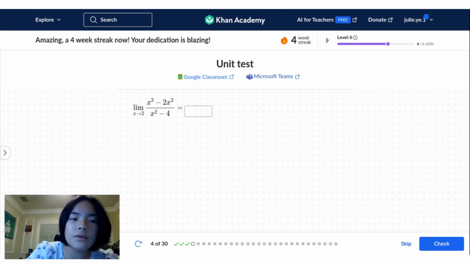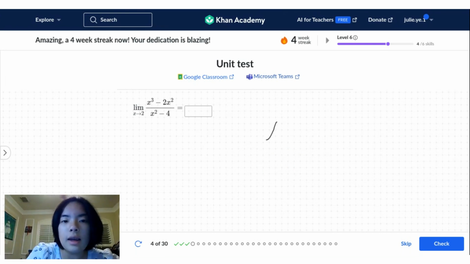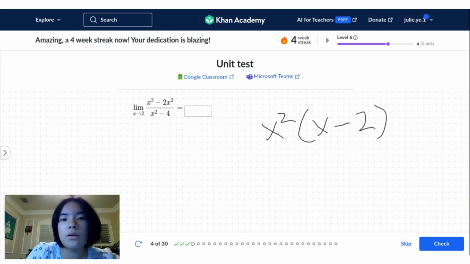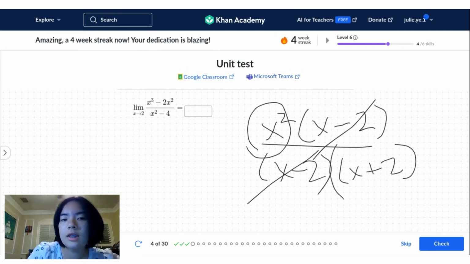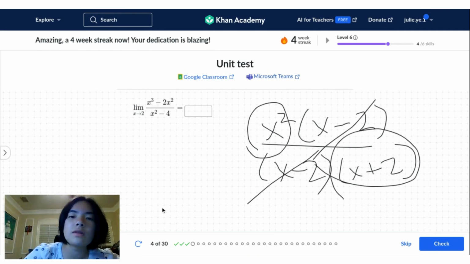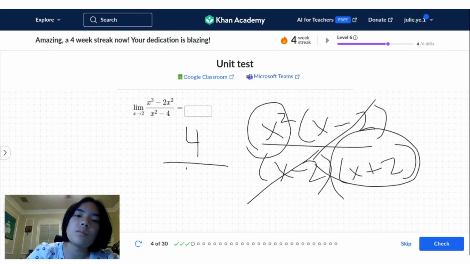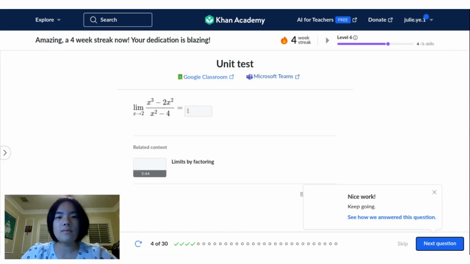So x squared minus 4 over (x minus 2)(x plus 2), and we will have to cancel these out. So now we're left with just this and this. Let's do another set of direct substitution, which will be 4 over 4, which is equal to 1.